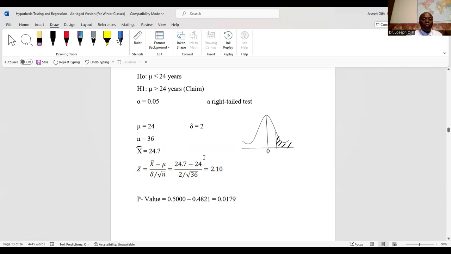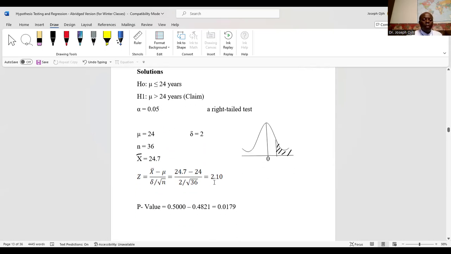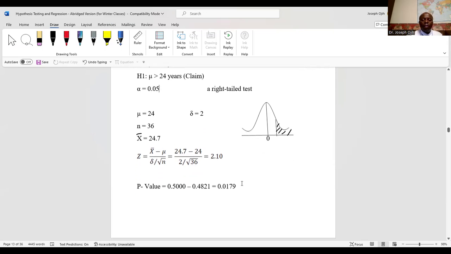Now, we have stated our hypothesis and identified our claim. We have our alpha, which is 0.05, the alpha that was given to us. So now we run the test, we got 2.1, and we find the p-value.